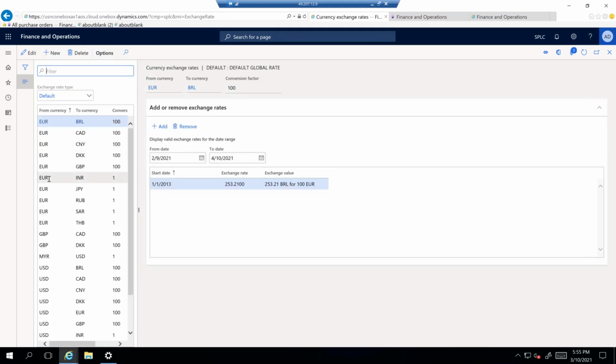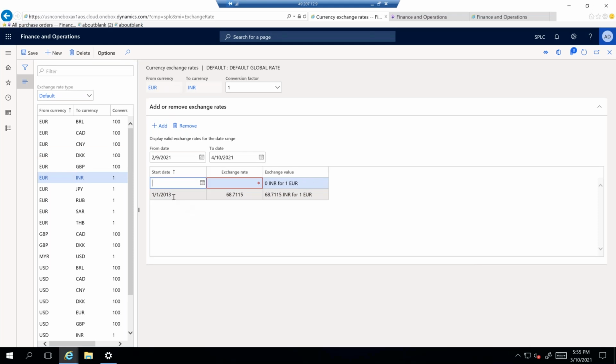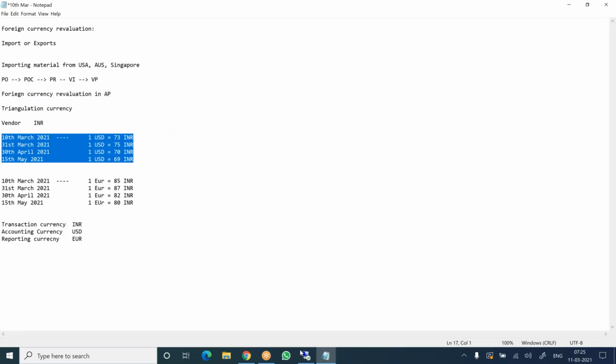Now euros into INR. Okay, so now 03-09-21 exchange rate is 85.